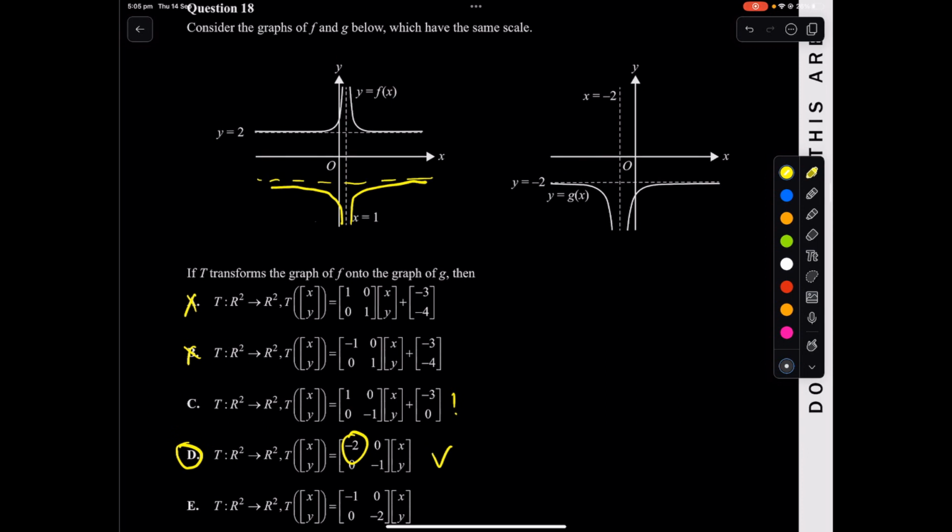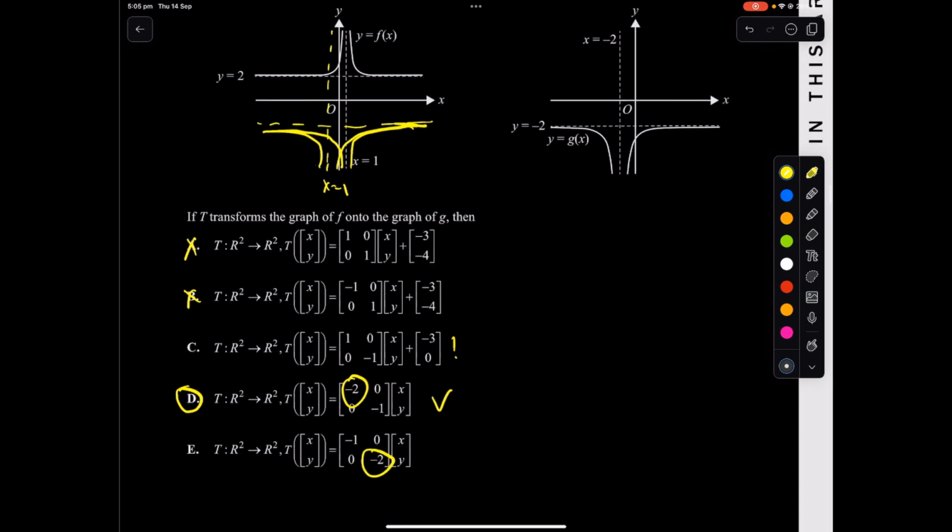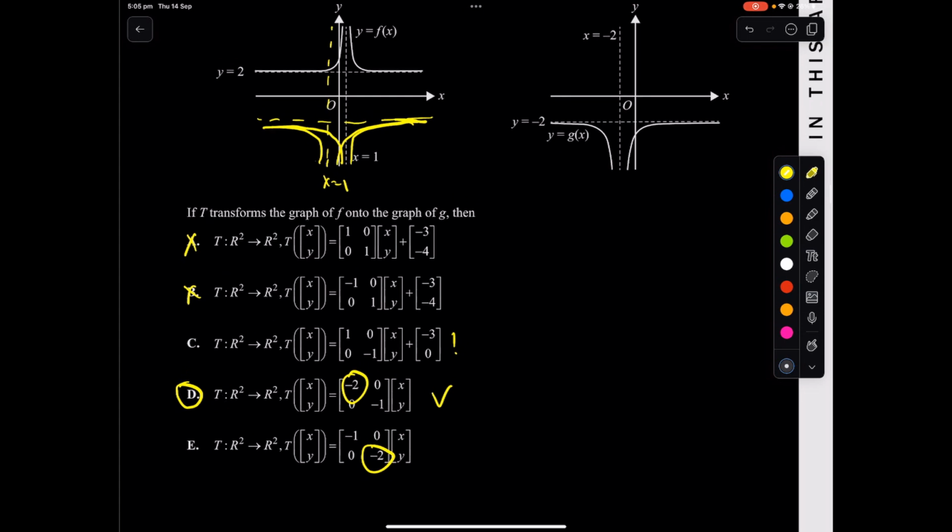So if I just reflect this whole thing, it will be like this, but this is a dilation by a factor of 2 parallel to the y-axis, and we want the thickness to increase, so yeah, D is the only one that was right.